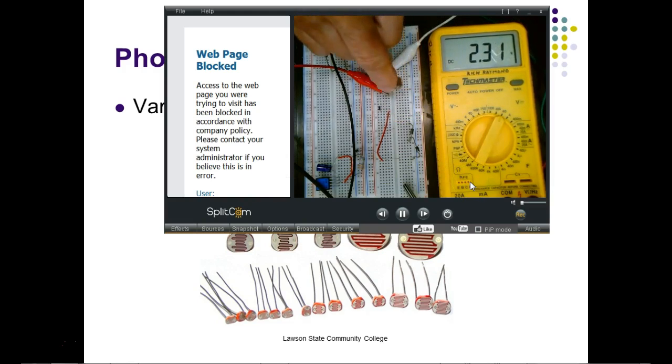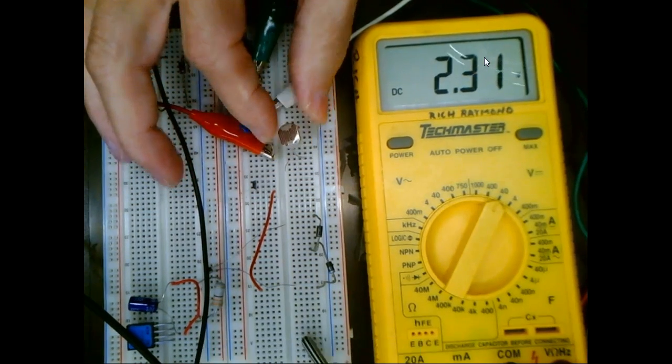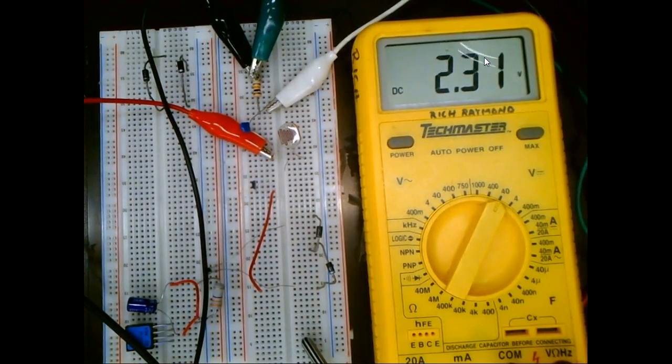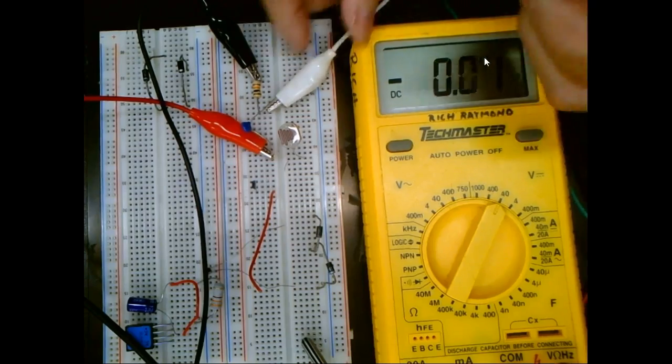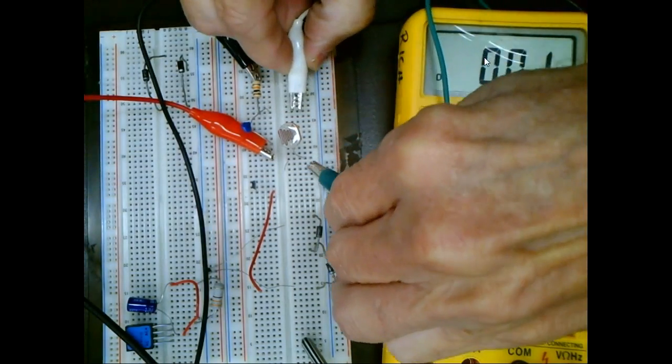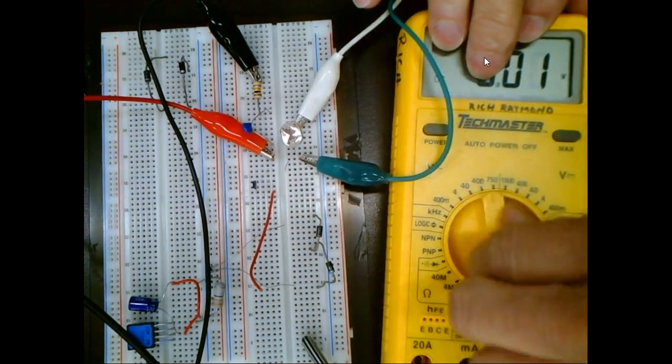So here's my photocell right here. Sorry it's glaring, guys. But y'all are looking at it. And I'm going to come over here and find my meter again, which is green and white. And I'm going to put it across this. I'm going to go back to ohms.